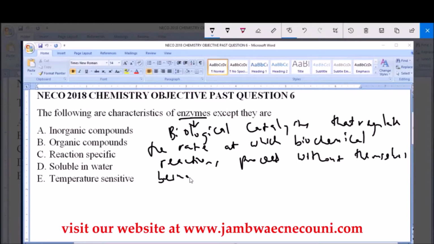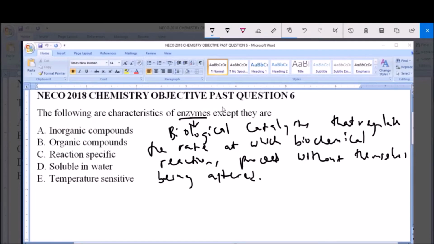Now, we are to pick out the one which is not a characteristic of an enzyme. So, inorganic compounds is option A. We've established the fact that enzymes are biological catalysts, that is, substances that speed up or regulate the rate of reaction, and enzymes are biological in nature.